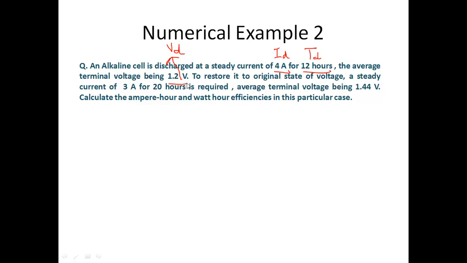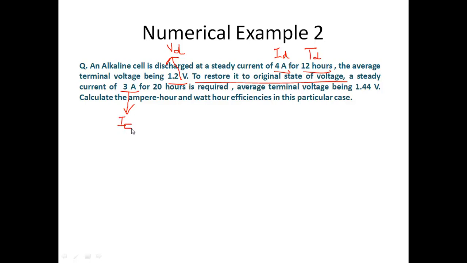Now the battery has already been discharged. Now we have to charge it back to the original state. To restore it to the original state of voltage, it means that we are charging the battery back to its initial state, that is the charged state, at a steady current of 3 ampere. So 3 ampere is your charging current, and this is a constant current.